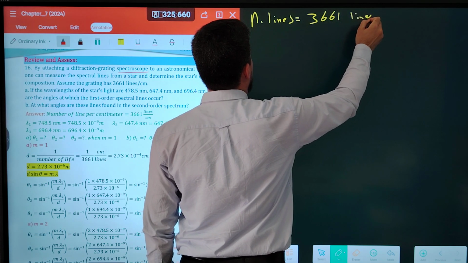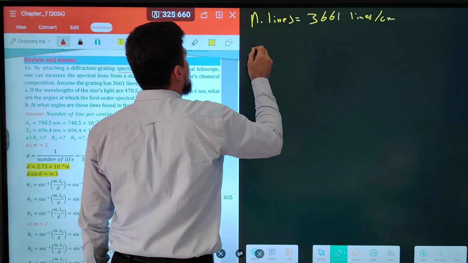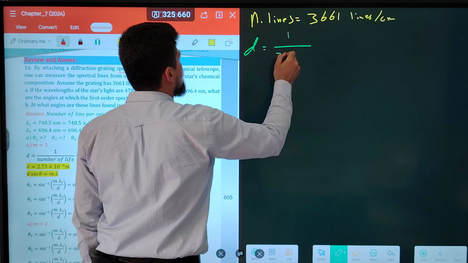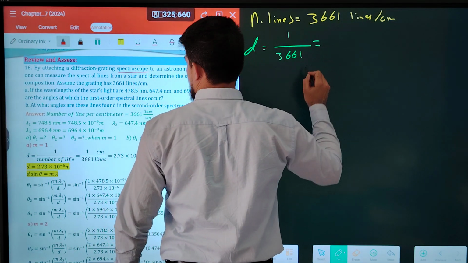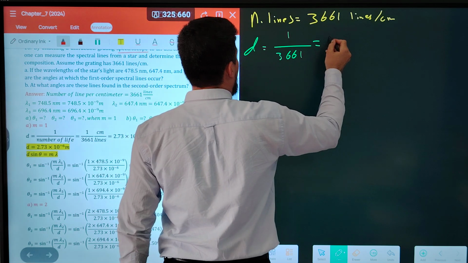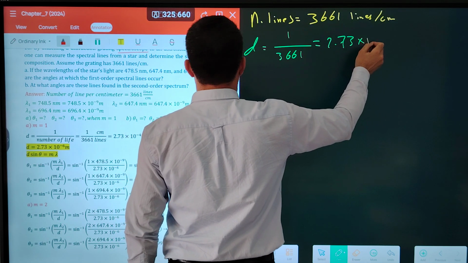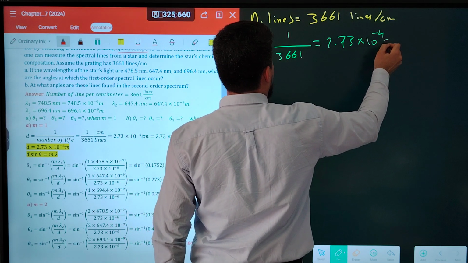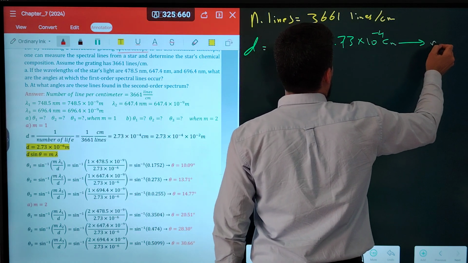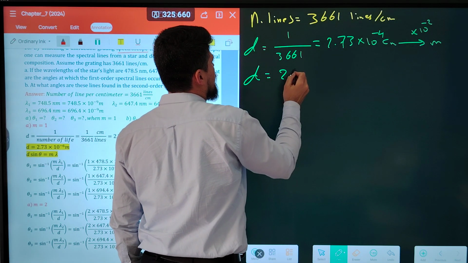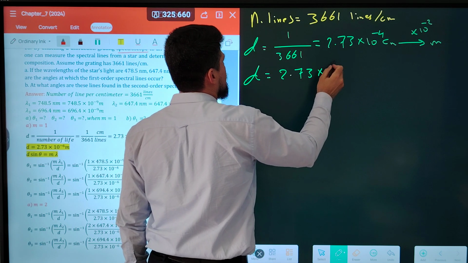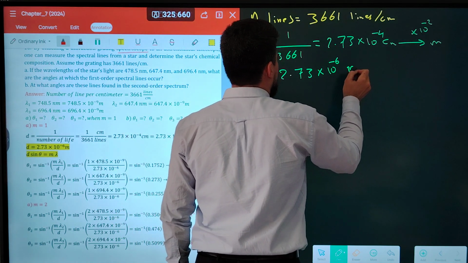D is equal to 1 over this number, which is equal to 2.73 times 10 to the power negative 4 centimeter. Convert to meter, multiply by 10 to the power negative 2. D is equal to 2.73 times 10 to the power negative 6 meter.